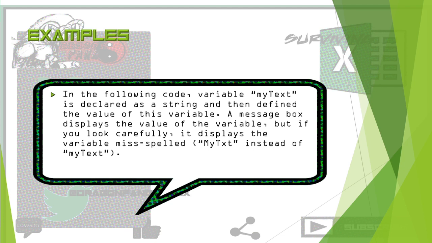And basically, the scenario is if I mistype it, because initially it's going to be typed lowercase m, y, capital T, E, X, T. That's the variable name. The misspelling is going to be capital M, lowercase y, capital T, X, T. So you see the variation? It's a misspelling, but you're going to see it in effect.